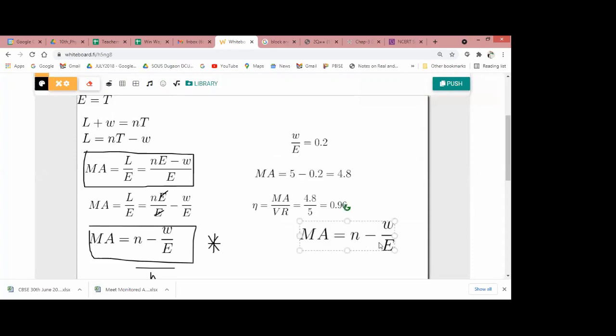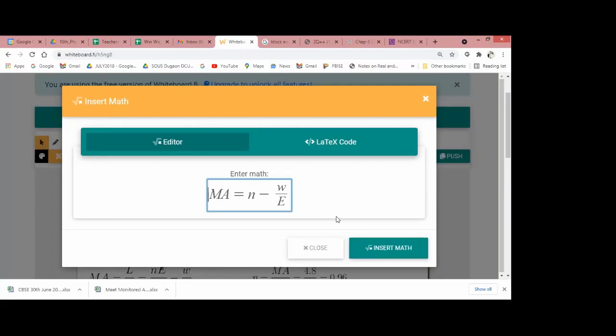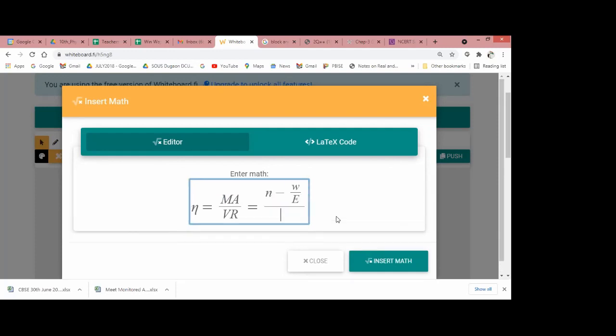Now, if I divide it by VR, eta is equal to MA upon VR. Do you agree? Yes, sir. And VR is equal to N, equal to the number of pulleys, correct? For a block and tackle system. Agreed or not? Yes, sir.